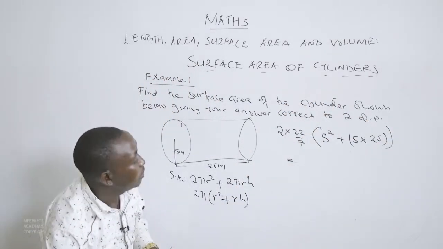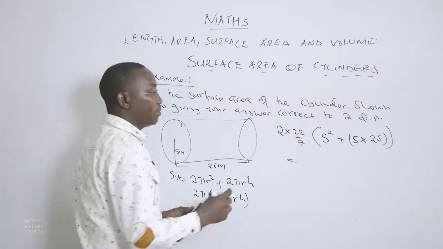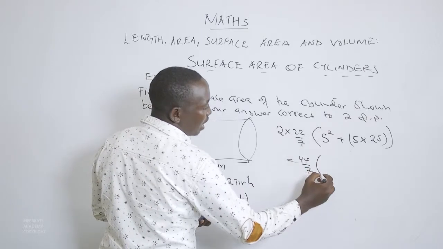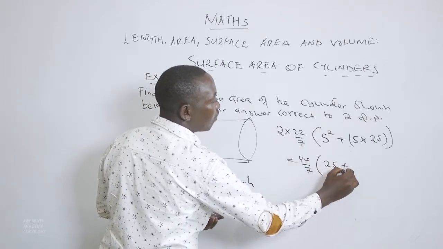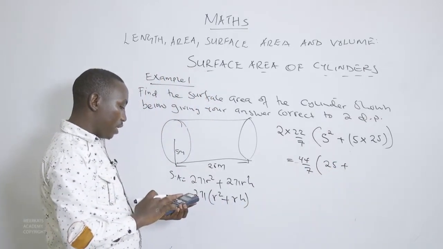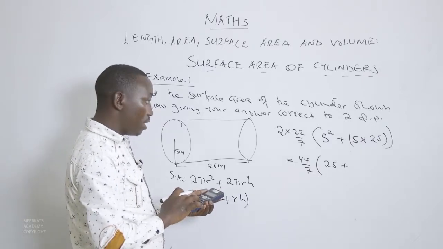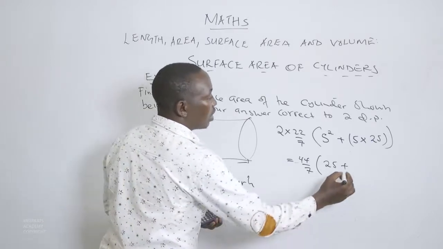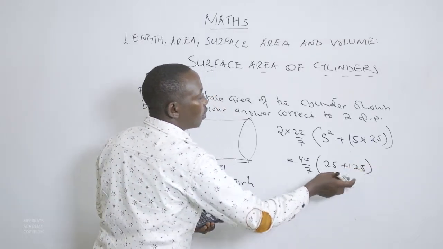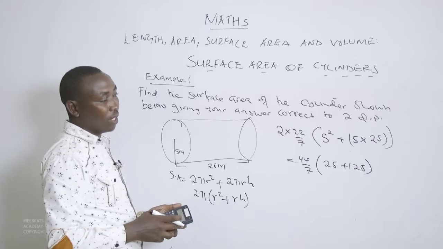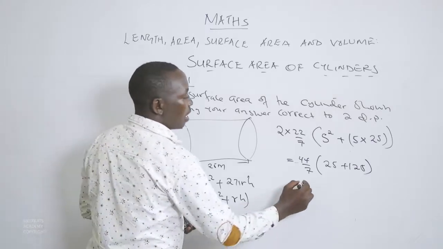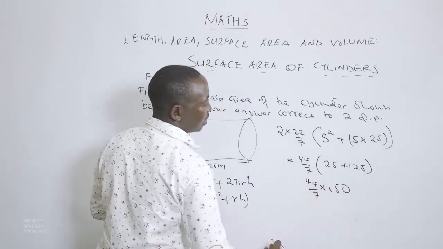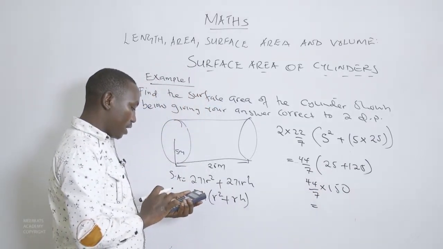So this will give us 44/7 multiplied by the square of 5, which is 25, plus 5 multiplied by 25, which gives us 125. So when added to 25, that will give us 150. Therefore, we shall have 44/7 multiplied by 150.